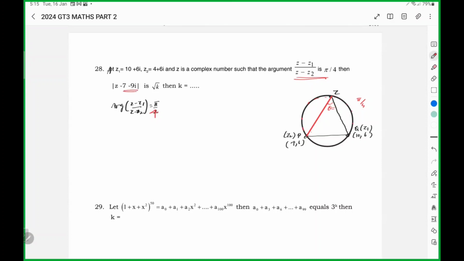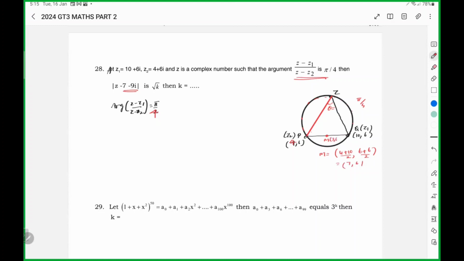What about this 7 comma 9? Let us see. Here is a midpoint, 4 plus 10 by 2, 6 plus, this is nothing but 7 comma 6.